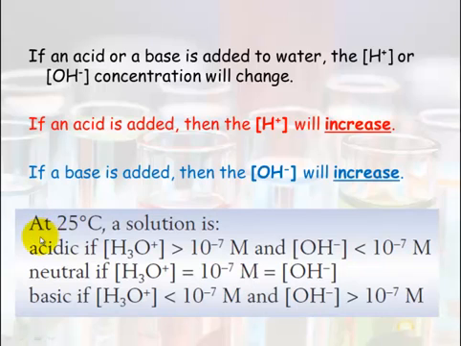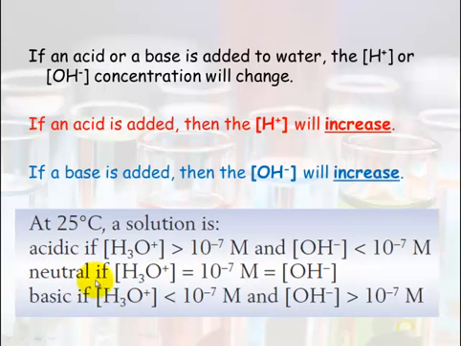So we can now say that at 25 degrees Celsius, a solution is an acid if the hydronium concentration is greater than the hydroxide concentration. Or another way of saying that is if the hydronium concentration is greater than 10 to the negative 7 and the hydroxide concentration is less than 10 to the negative 7. Remember, 10 to the negative 7 times 10 to the negative 7 is 10 to the negative 14.